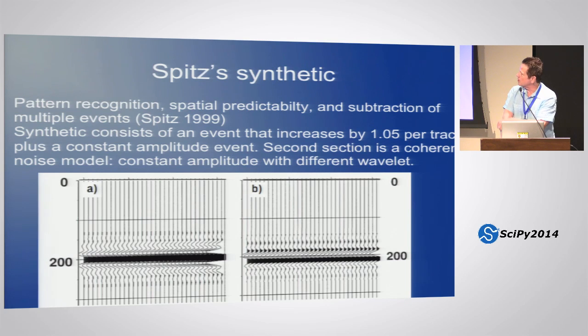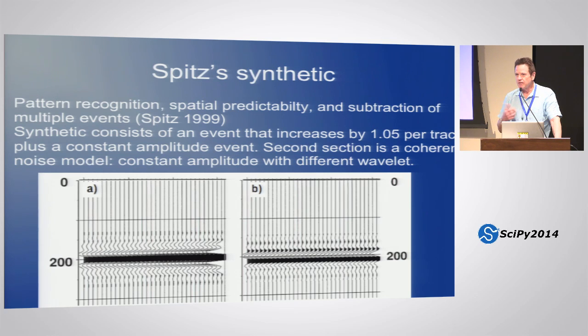So if you read Spitz's paper, it's from 1999, he talks about a particular synthetic. The event that we're looking at here consists of two events that he summed together. Both of them appear at 200 milliseconds. One of them is constant amplitude, and the other has amplitude that exponentially increases by 5% each trace.